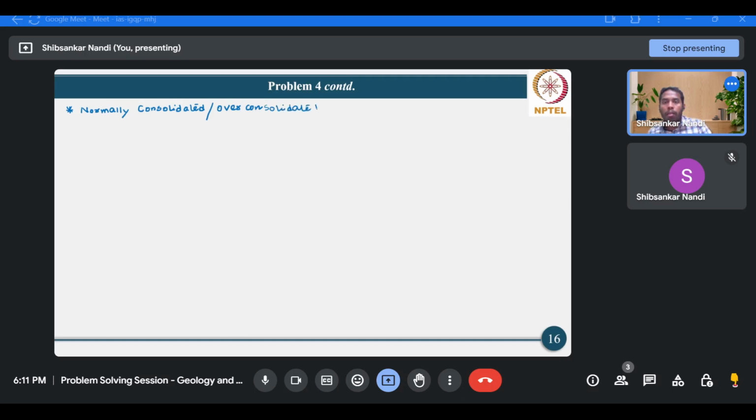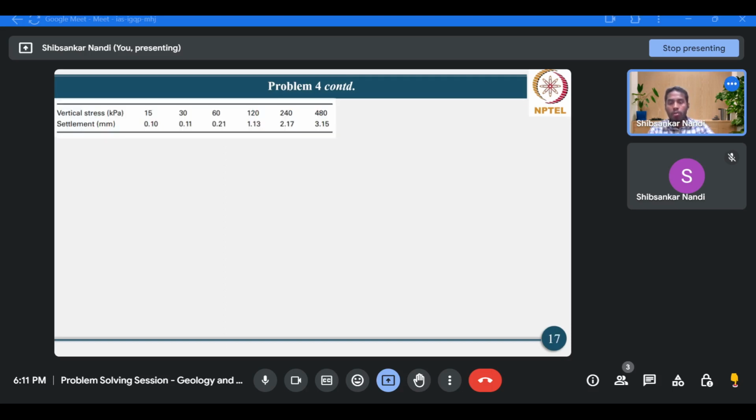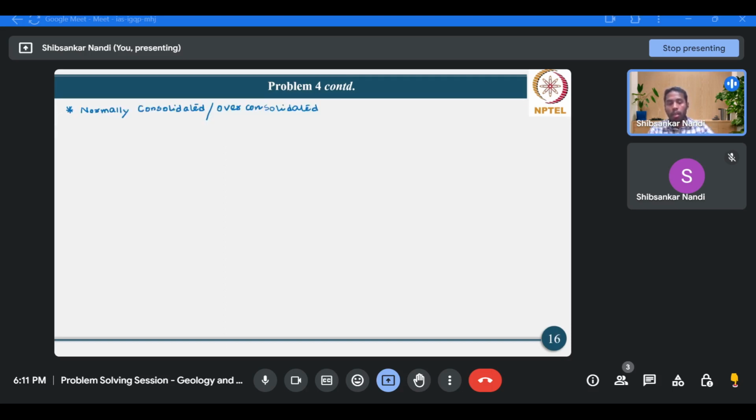Okay, sorry for the interruption. So the first question which will come to our mind is whether the soil sample is normally consolidated or over consolidated, otherwise we'll be going the wrong way.